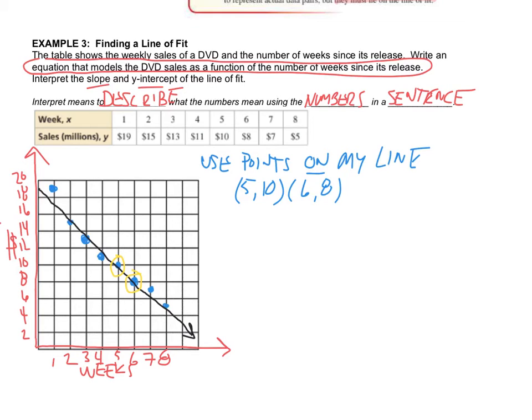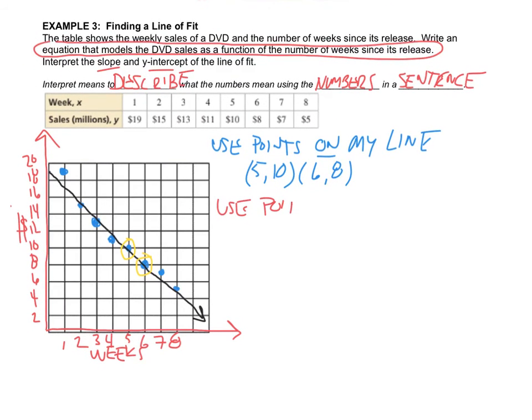Now, you can do this both ways. You could try to use slope-intercept. I'm going to use point-slope. Because I'm using point-slope, remember, I need the m and one point.